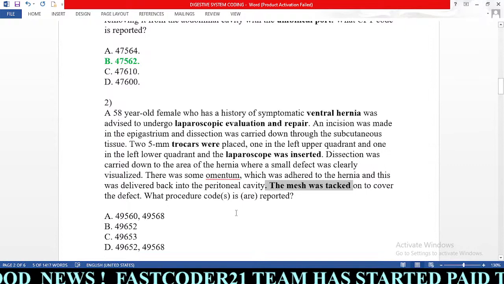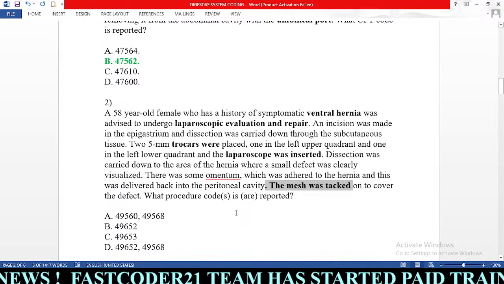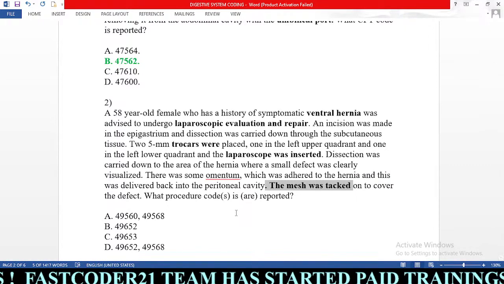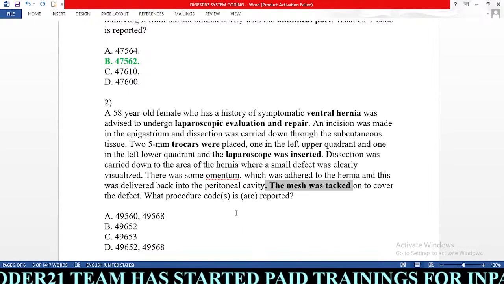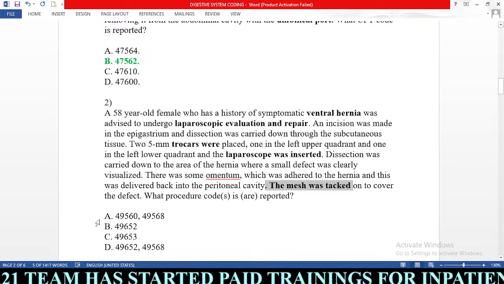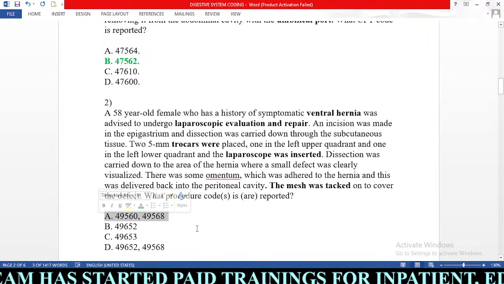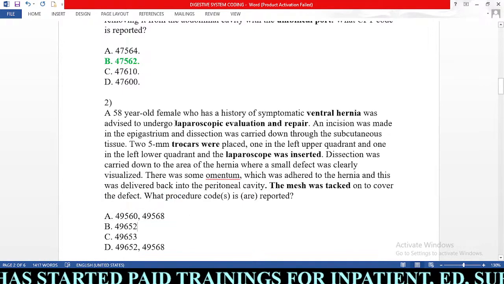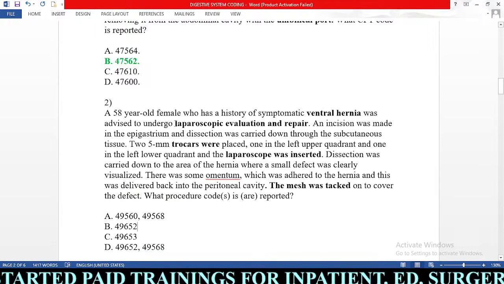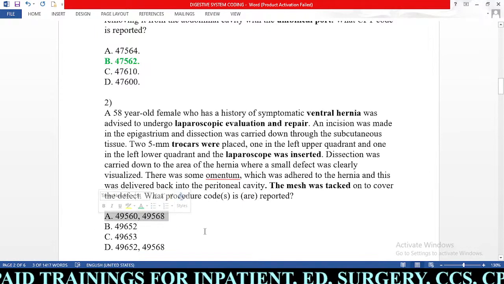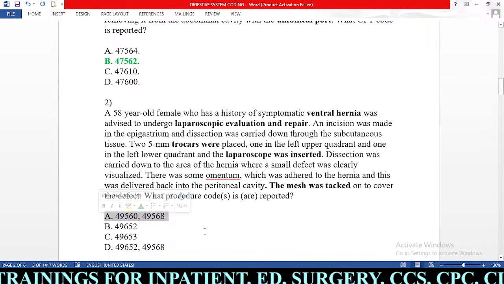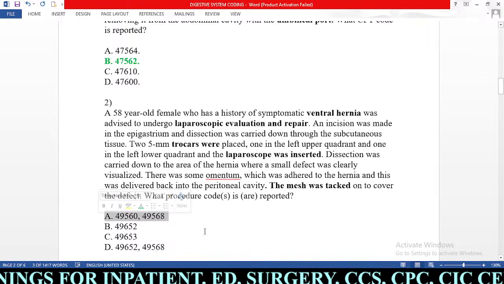What procedure code is reported? If you are familiar with your CPT book, you know that 49560 is for an open procedure. But based on our report, the physician has performed a laparoscopic procedure, so we directly eliminate A, 49560. Next we check 49652.